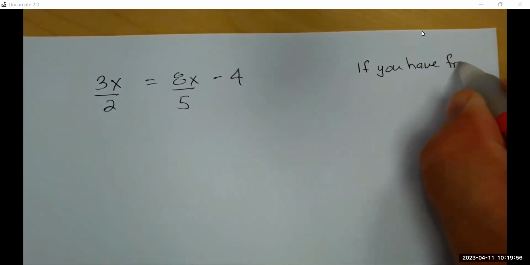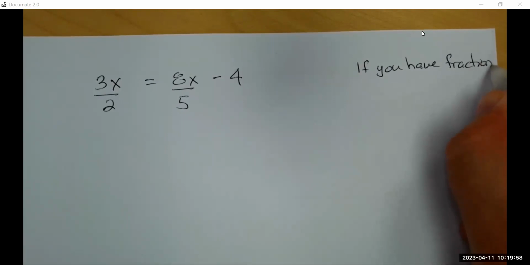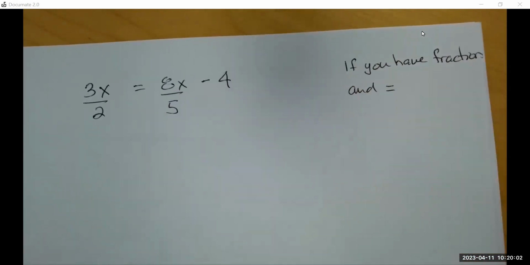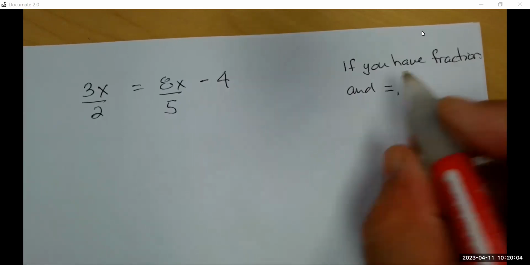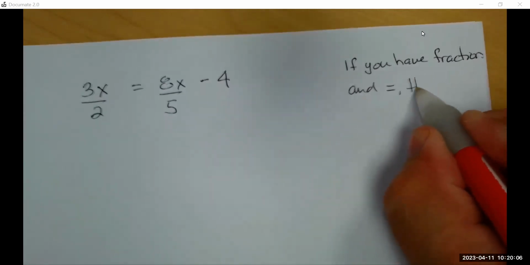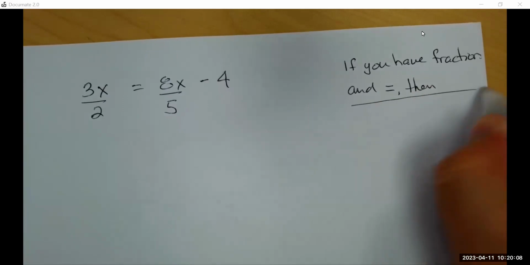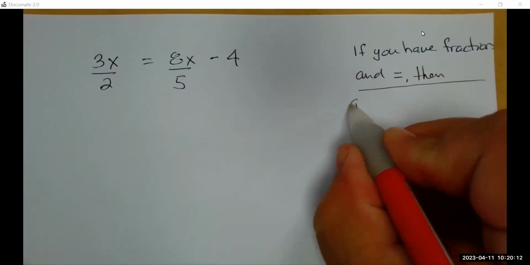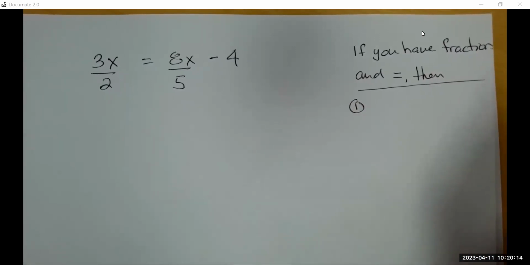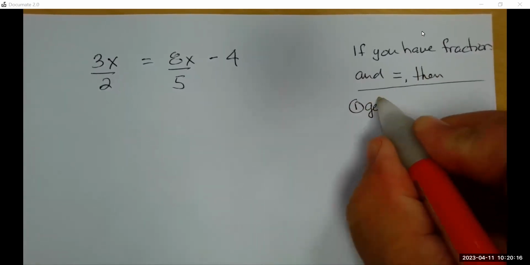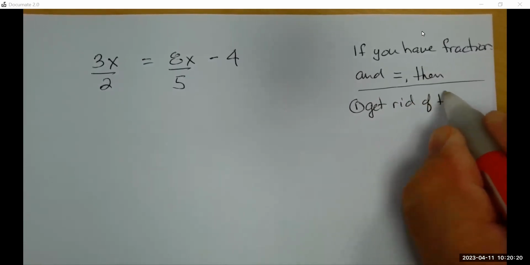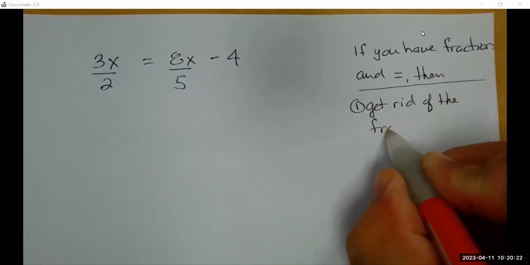If you have fractions and an equal sign, then get rid of the fractions.